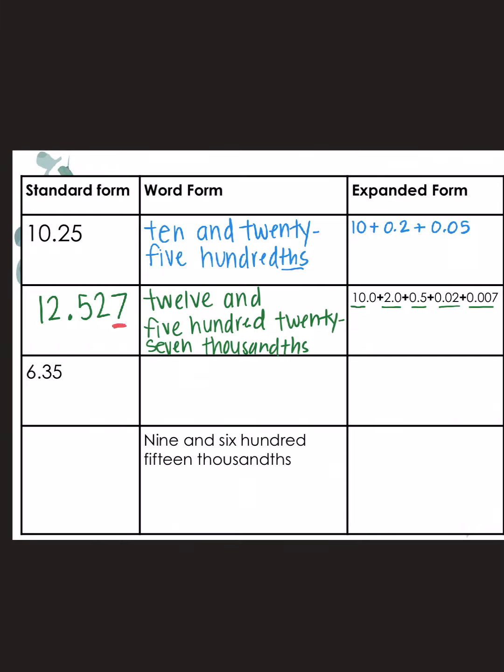Whatever is the last place where you have a digit, that's the place you're going to mention. So you just read it 527 thousandths because it's in the thousandths place.